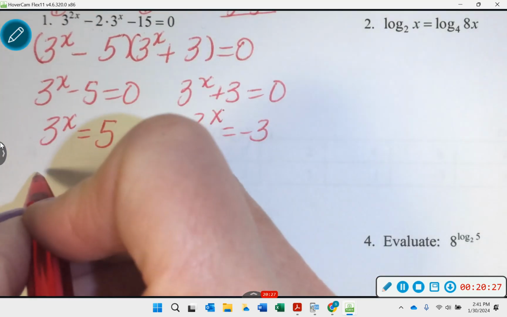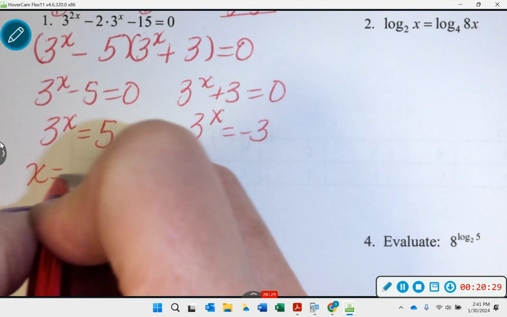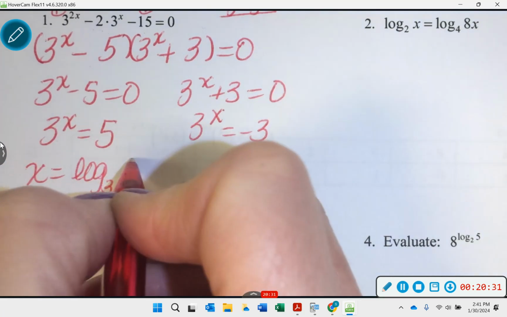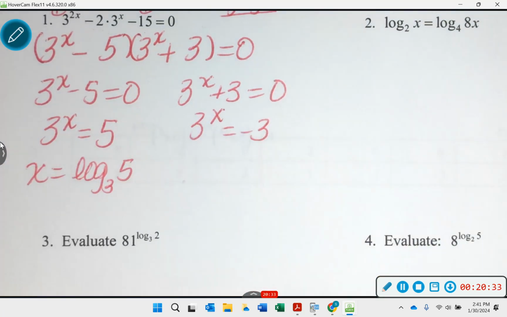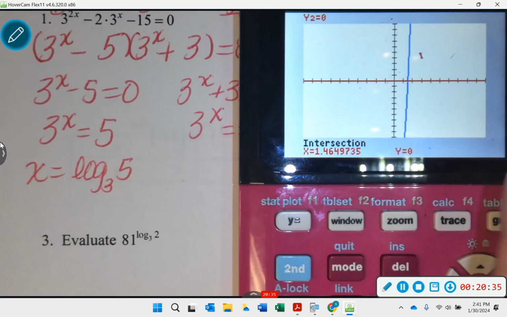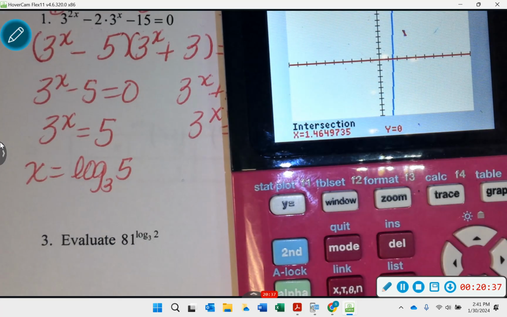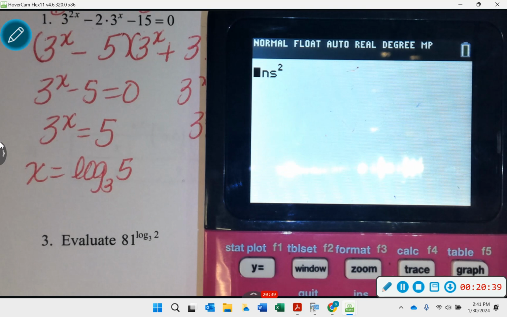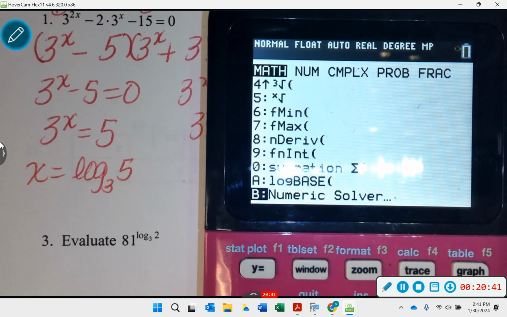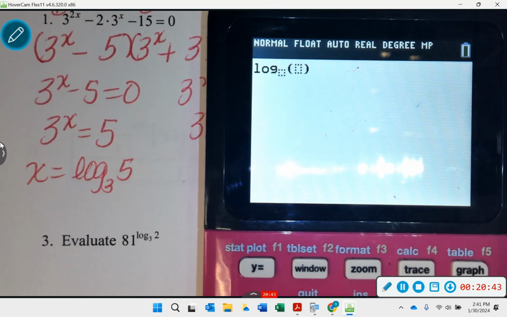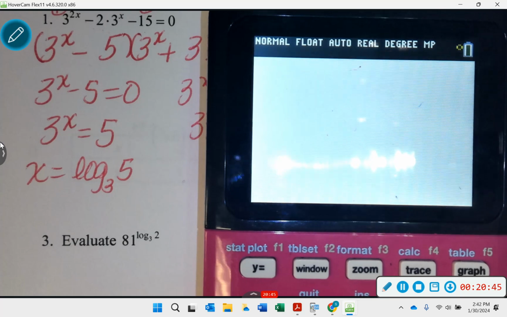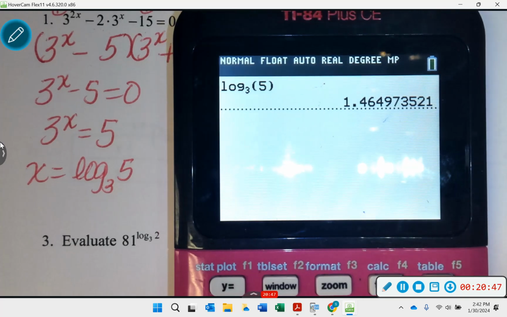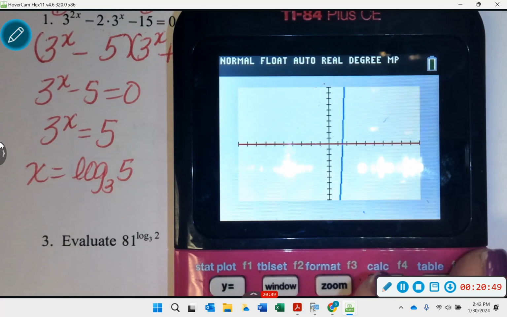So you said it should be x equals log base 3 of 5. I bet you're right on that. 1.46 is that approximate answer. Let's see what log base 3 of 5 is. Oh, cool. Yeah, that's exactly what we got when we found that point of intersection.